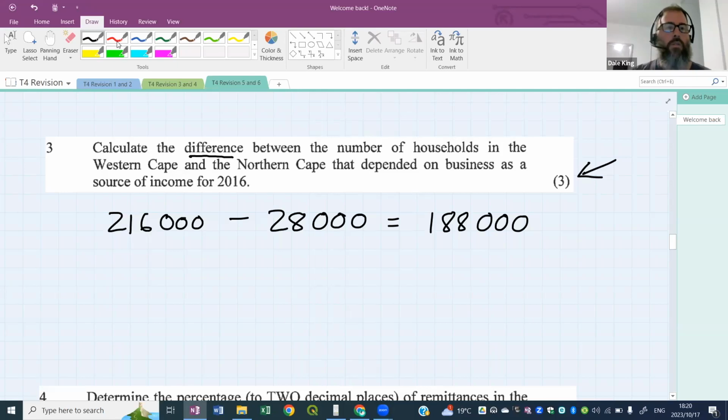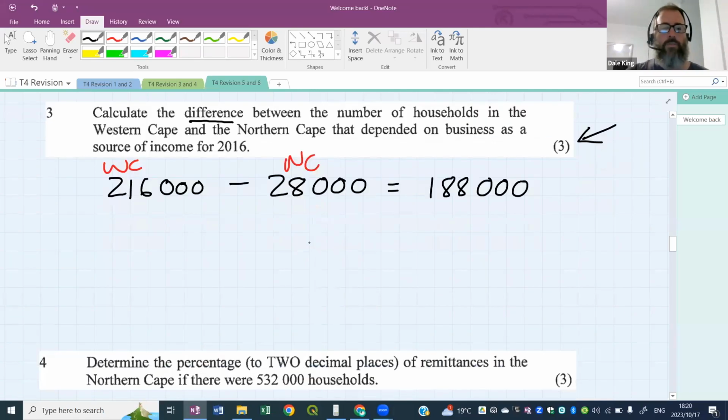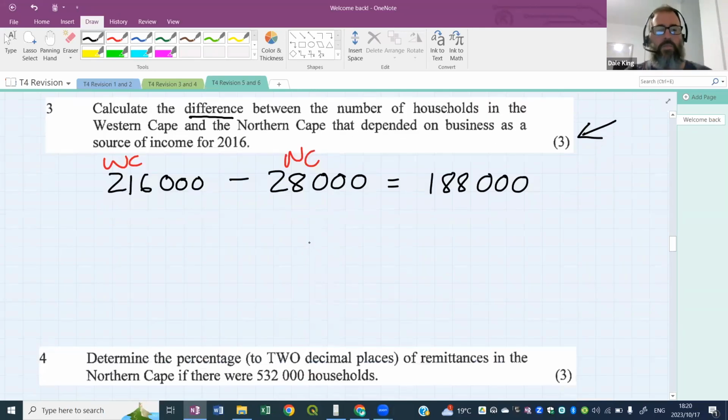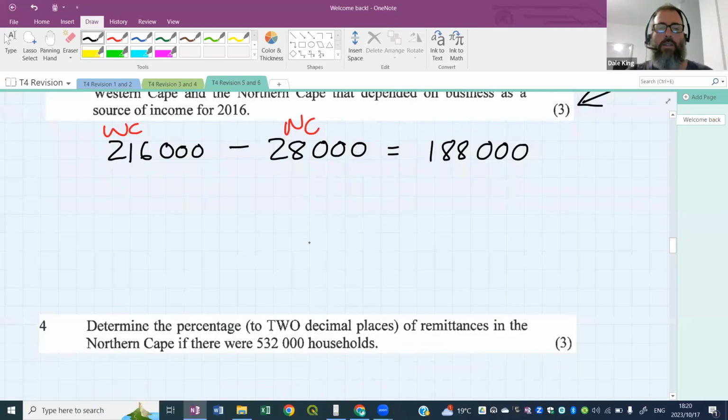Maybe they want us to state that this is the Western Cape and this is the Northern Cape. I don't think you need to, but the two values are correct. Read off the graph and subtract them. Maybe 1 mark for the two values being correct, 1 mark for subtracting and 1 mark for the answer. That's probably where the 3 marks come in. All right, let's have a look at the next one. Question 4. Determine the percentage to 2 decimal places.